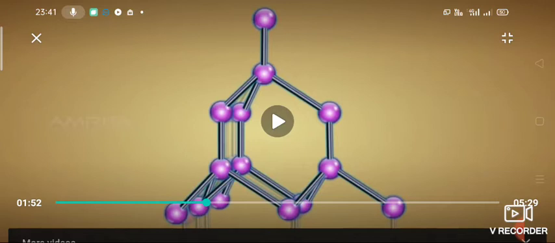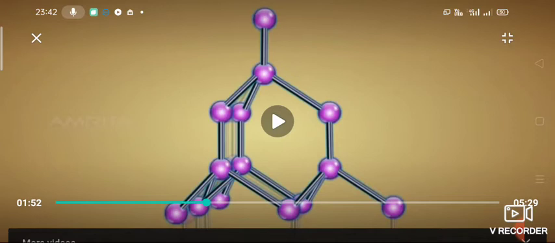It has a high melting point and boiling point. Why does it have a high melting and boiling point? Because a large amount of energy is required to break the network of covalent bonds. It is a good conductor of heat, but it is an insulator or non-conductor of electricity.